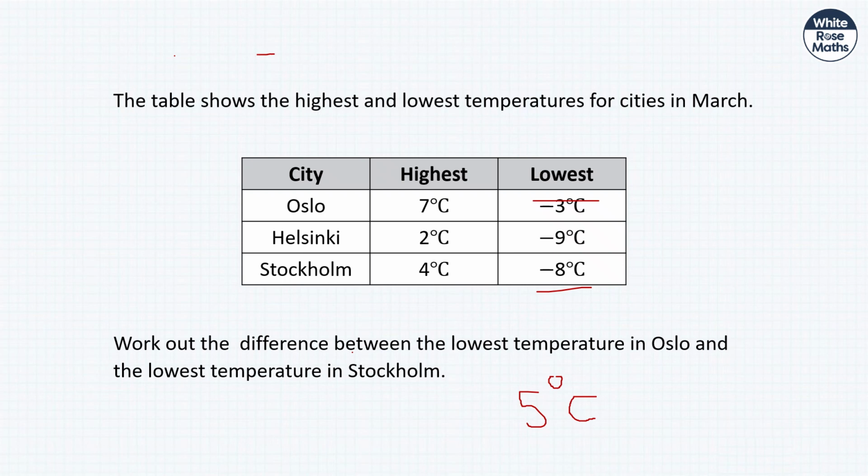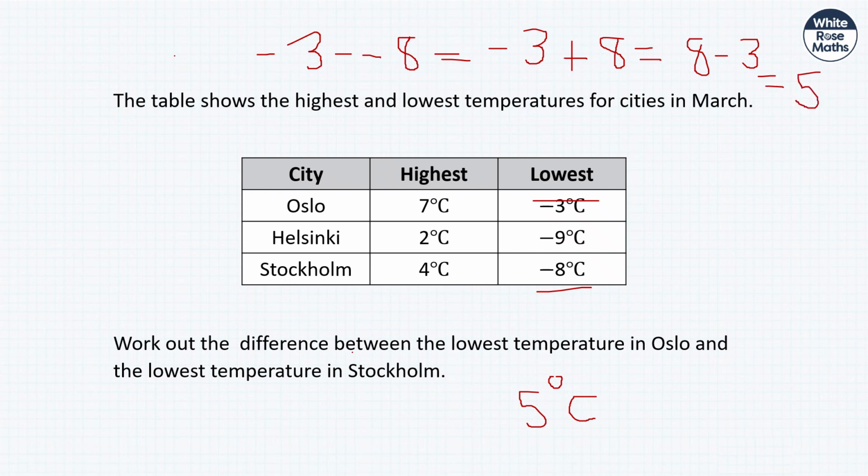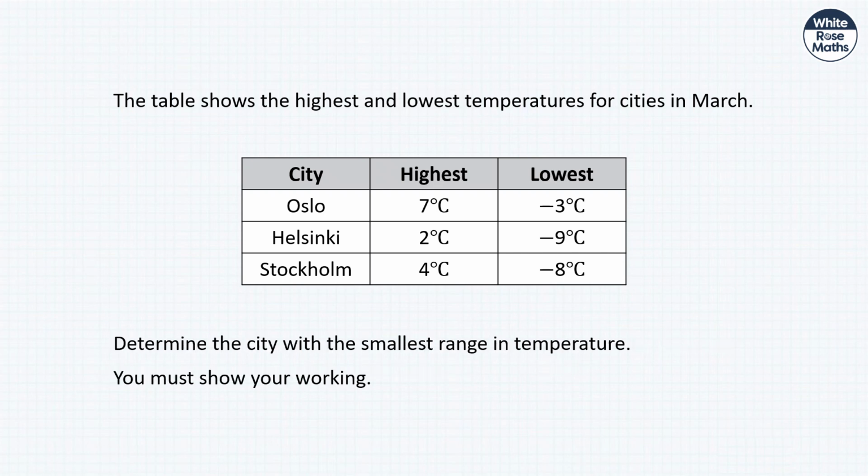Essentially I'm doing -3 subtract -8, which becomes -3 plus 8. I'm starting with the first number and subtracting the second number. -3 plus 8 is the same as saying 8 subtract 3, which is 5 degrees.